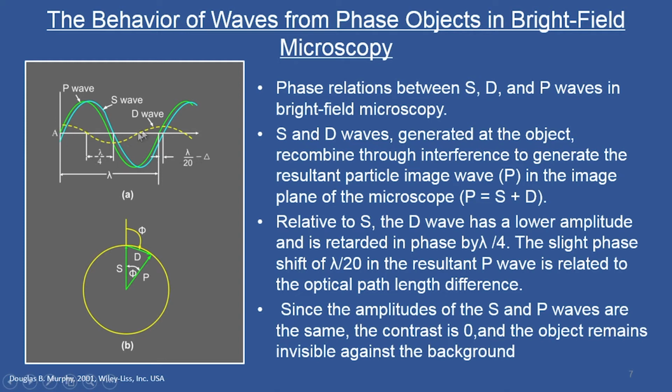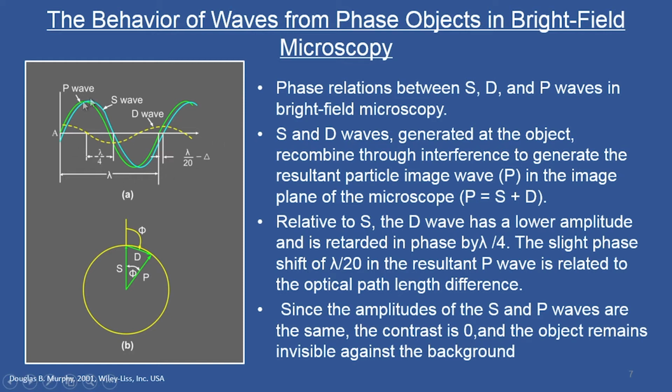And you have this diffracted wave which has been shifted significantly, to the extent of lambda by 4. To understand this, look at the schematic carefully. This distance is lambda, and when you compare this lambda distance with the other waves, you can see the retardation, lambda by 20 or lambda by 4 and so on.